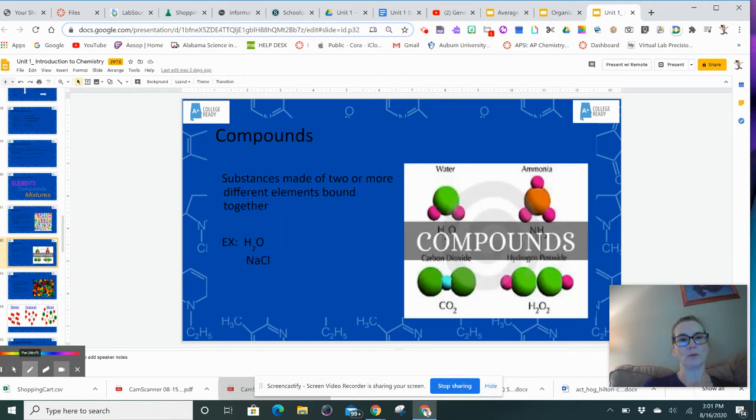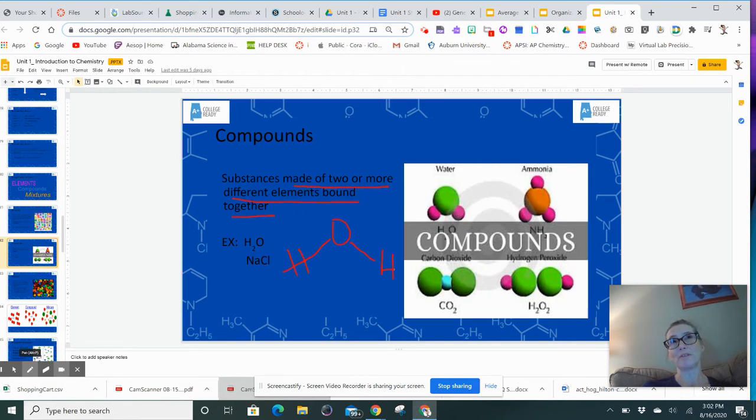A compound, on the other hand, is 2 or more elements bonded together. So water is an example. So we have hydrogen, we have oxygen bonded together. They're stuck together. And that bond gives them unique properties, okay, different from the properties of their elements. Hydrogen has certain physical properties, oxygen has certain physical properties.